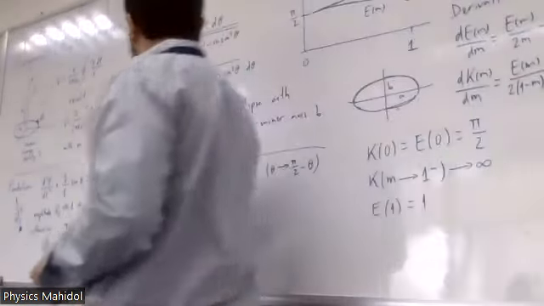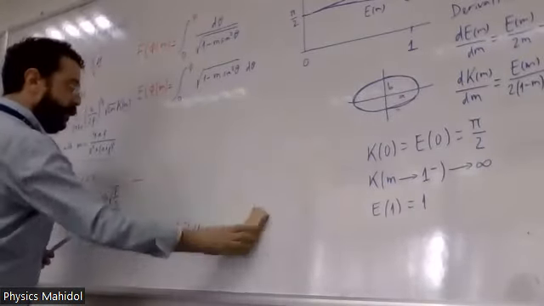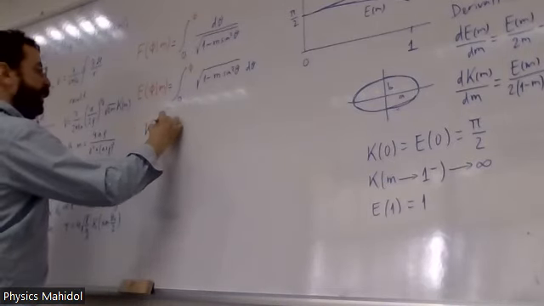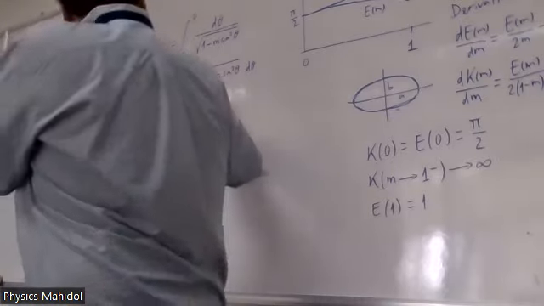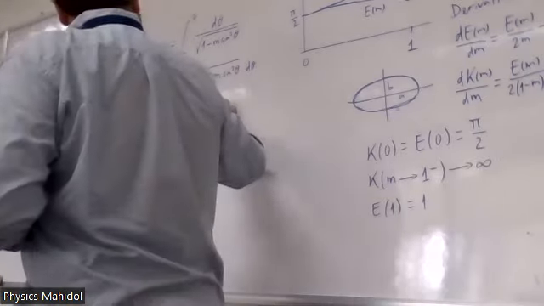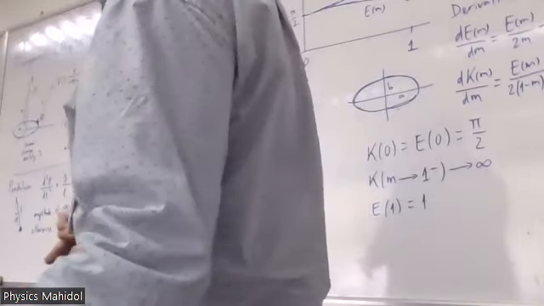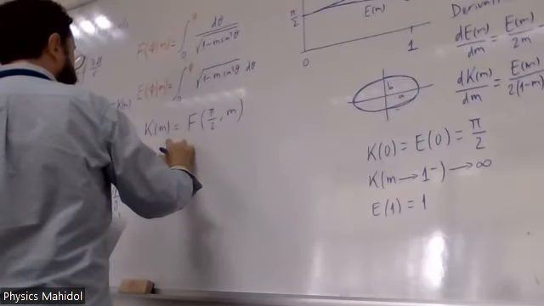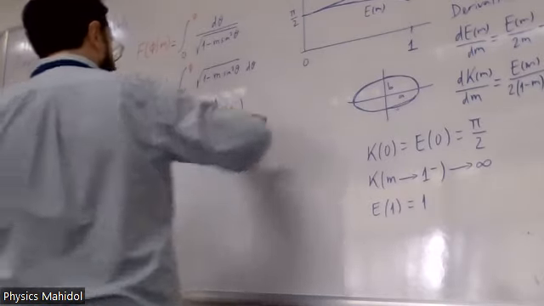So of course, it's easy to see from the two definitions that the complete elliptic integral is just a special case of the elliptic integral when this is pi over 2, right? And the same for E. E of m is just E of pi over 2, vertical bar, m.